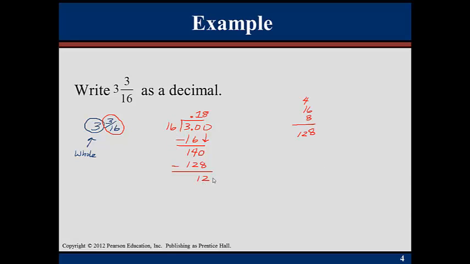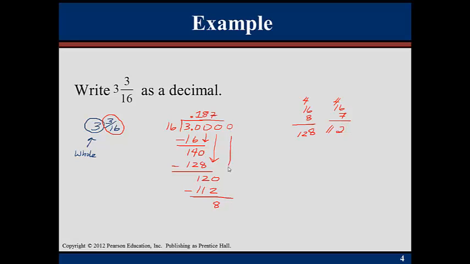So now 16 into, drop down another 0, so 16 into 120 will be 7 times. So now 16 times 7 is 112. Subtract, and we have 8.